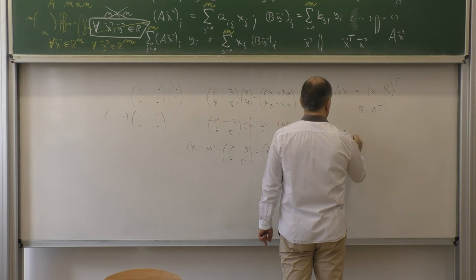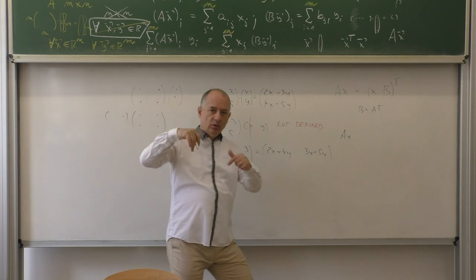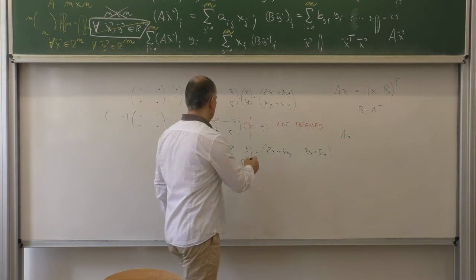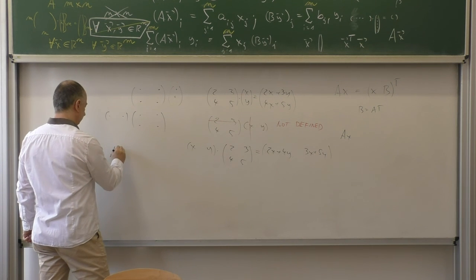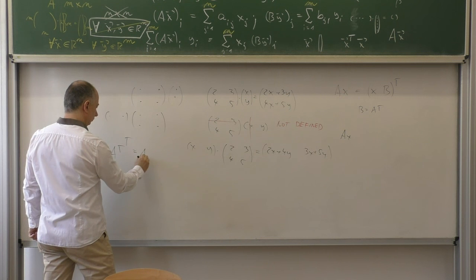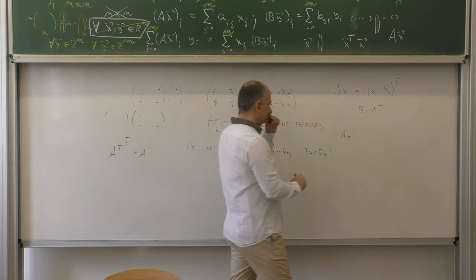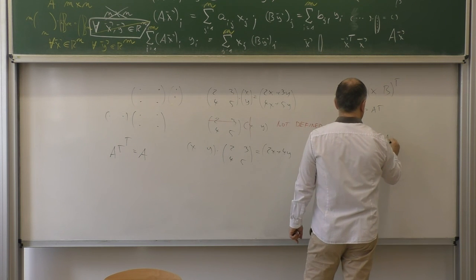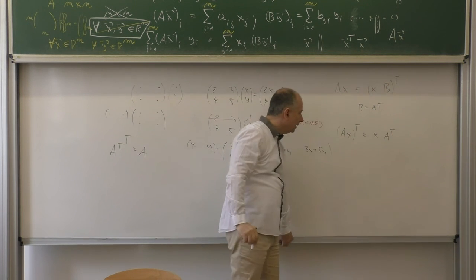And if we transpose a transpose, we get the original matrix. So if we transpose both sides, we get x A transpose.